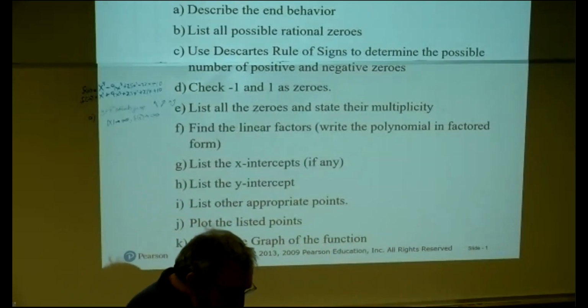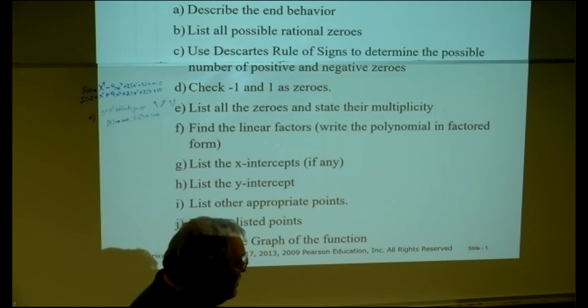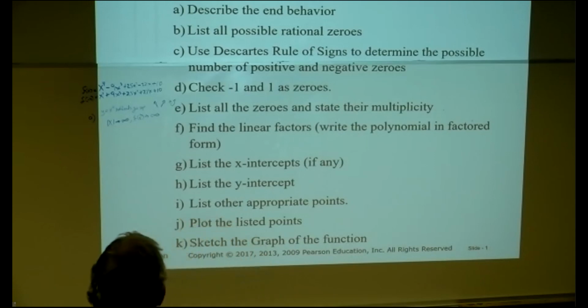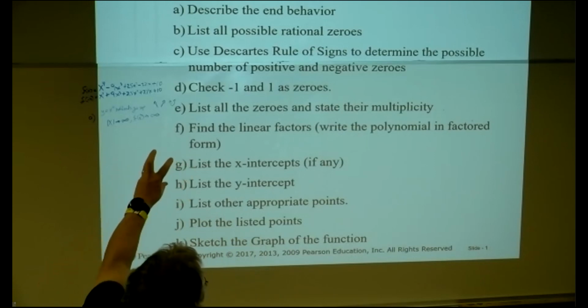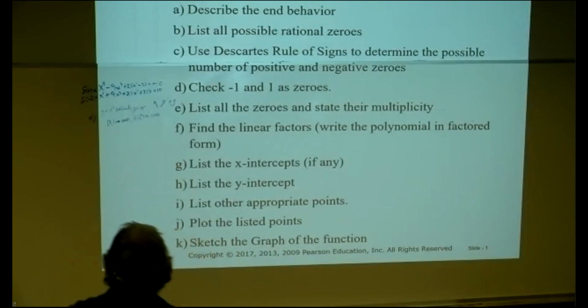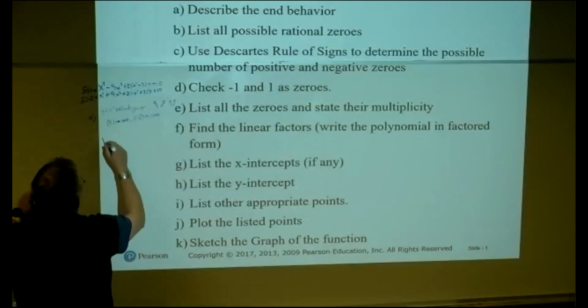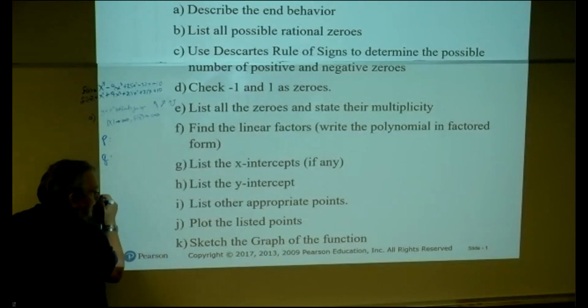But this test is the last you'll see of major bracket like this. Okay, so what do we use to find the possible rational zeros? P and Q. So we want to find our P values and our Q values, because what are we going to do with those two values?